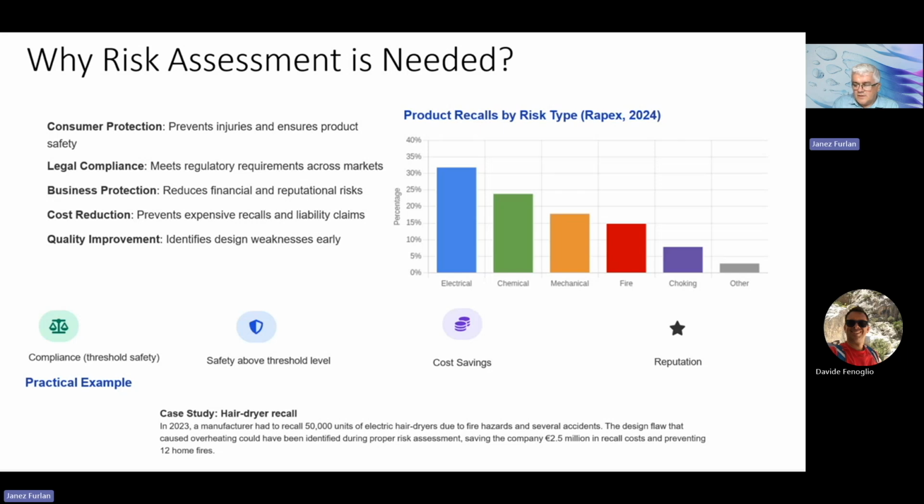It was discovered that there was a design flaw, and all these products had to be taken out from the market, which resulted in significant costs of 2.5 million euros, and actually some of the homes were also prevented from fires.